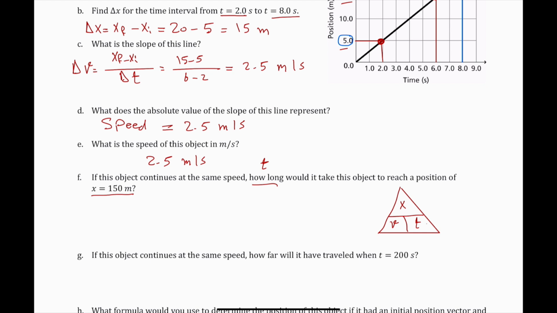So now we need to calculate the time, which is x over v. So t equals x over v. The distance or the position is 150 over 2.5, so we'll get 60 seconds.